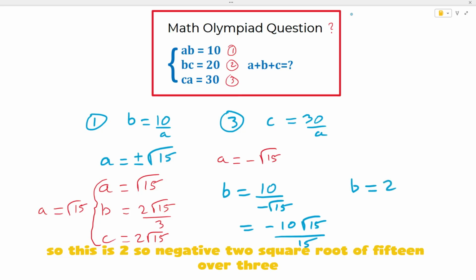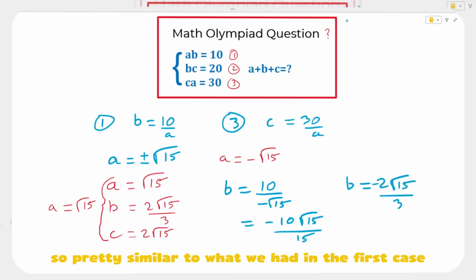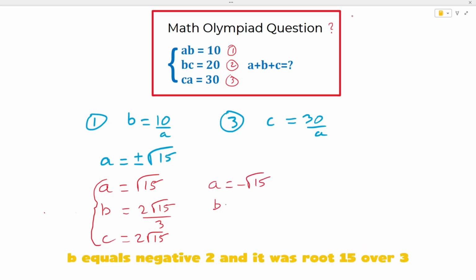So negative 2 root 15 over 3. Pretty similar to the first case. So if I set this up like before, a equals negative root 15, and b equals negative 2 root 15 over 3.